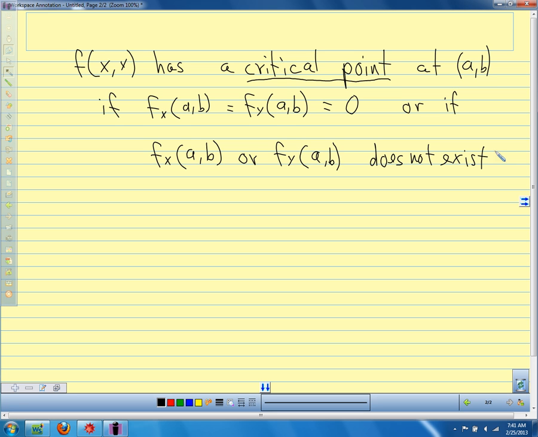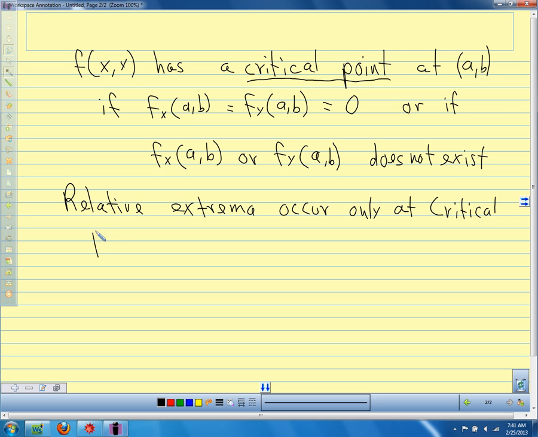We can show, we're not going to go through it, that relative extrema occur only at critical points. So this is our important theorem for this section. To find relative extrema, we're looking for the critical points of our function.